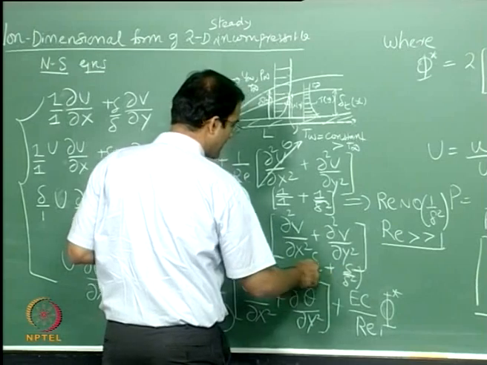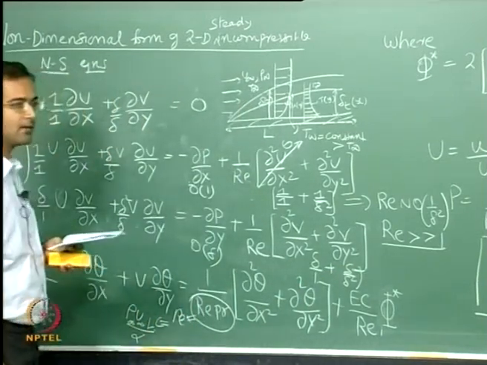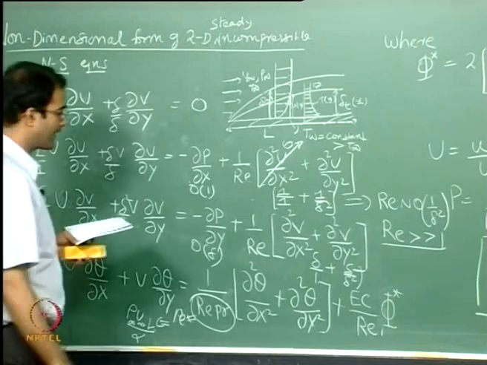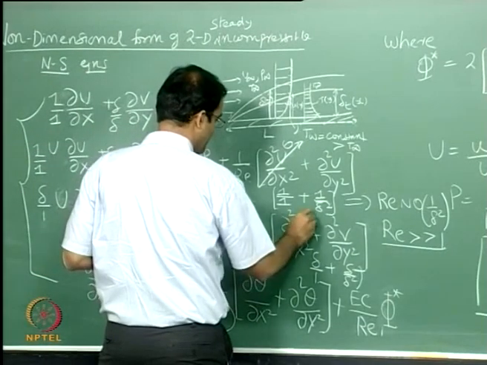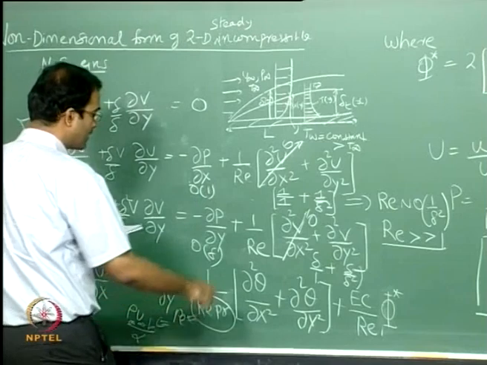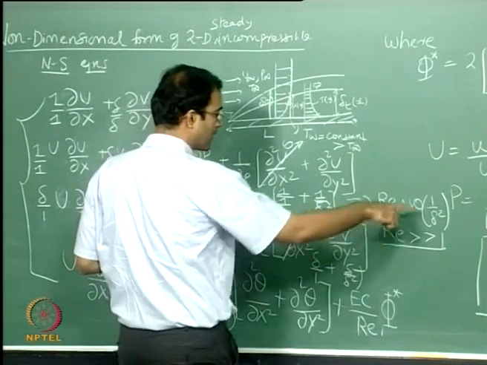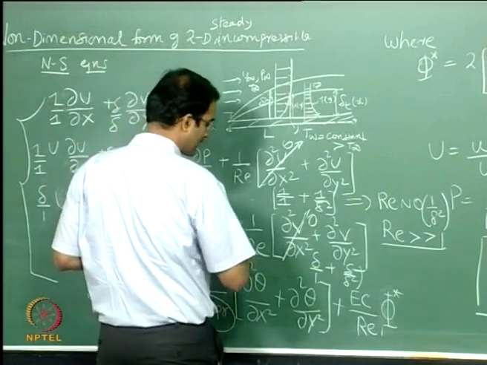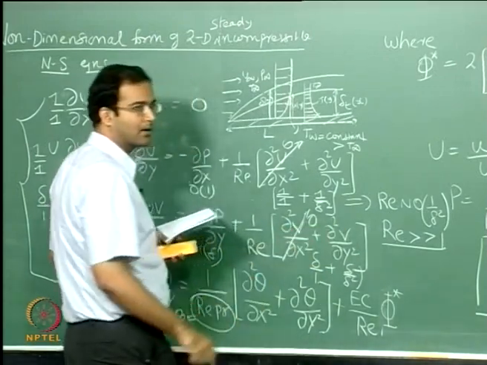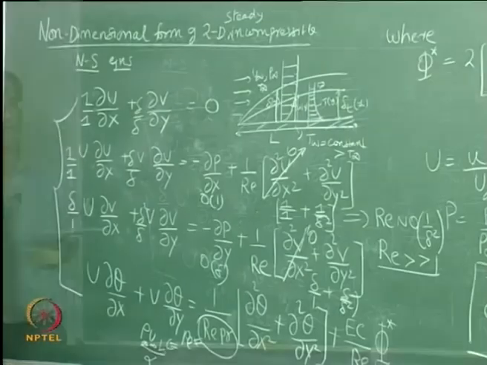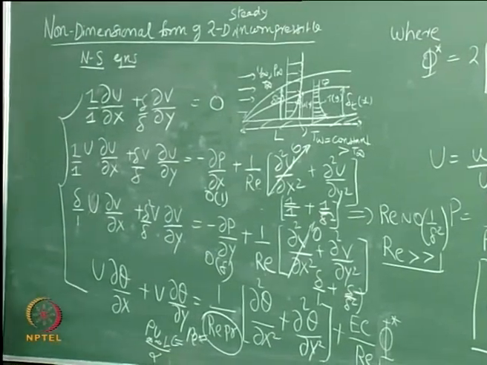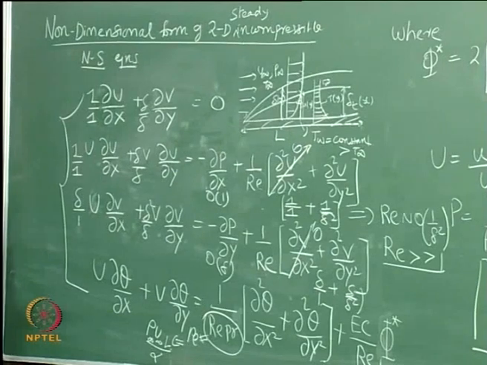So this is 1 over delta, this is delta. Which is the more dominant term? 1 over delta, so we can neglect this. We already know the Reynolds number should be of the order of 1 over delta square. If you put that, you will find that now all the terms are of the order of delta. So all the terms in the y momentum equation are very small.